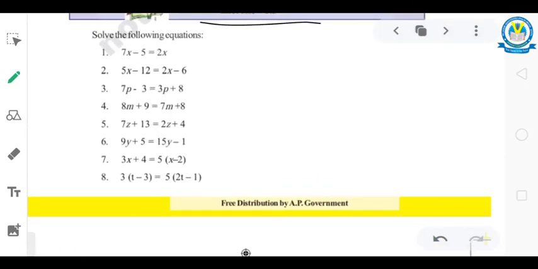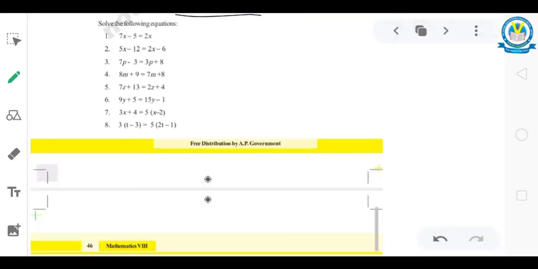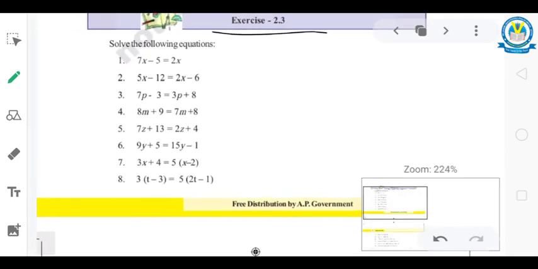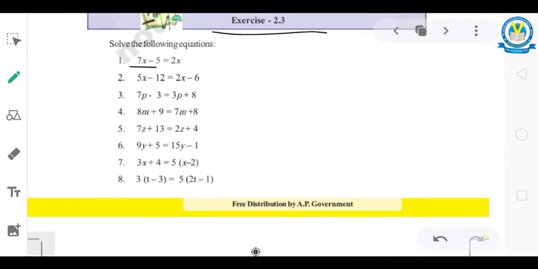Exercise 2.3. Observe these equations. Here we have 14 sums. These all equations have variables on both sides, LHS and RHS. The main theme of these sums is finding the values of the variables.